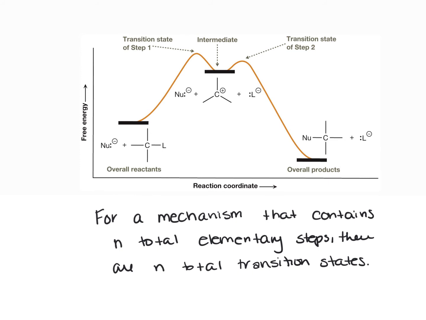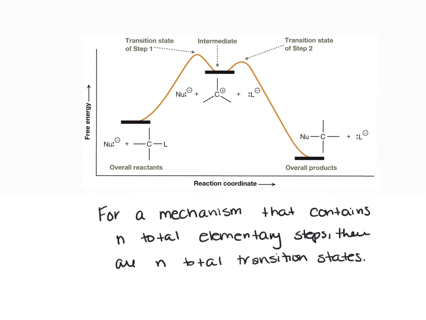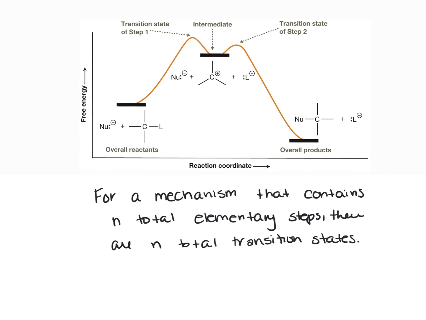Three, we're going to have three. Because the intermediate itself is located between the two transition states, there must be n minus 1 intermediates, right? So, for example, if you had 3 elementary steps, it would be 3 minus 1. You'd end up with 2 intermediates. And that's something that you'll see through your reaction diagrams.